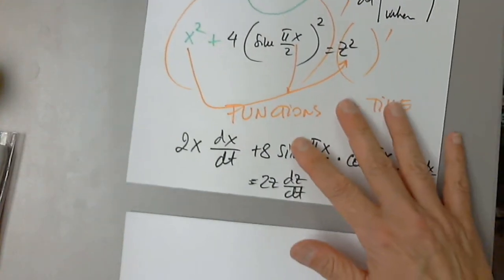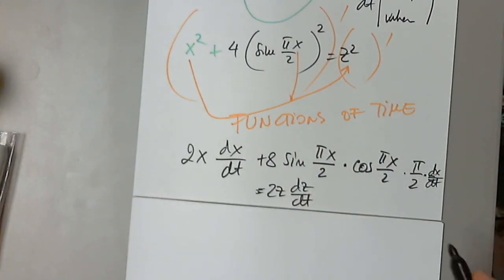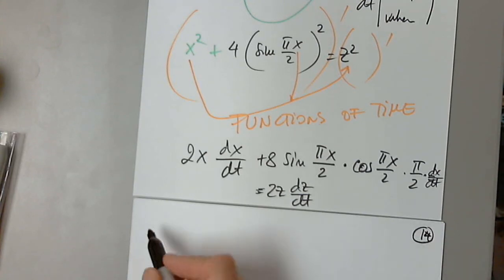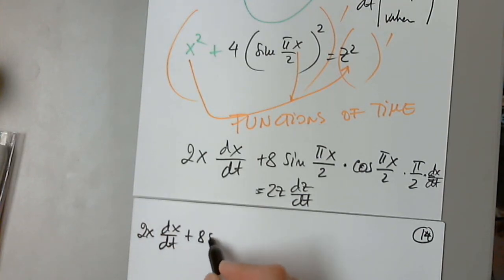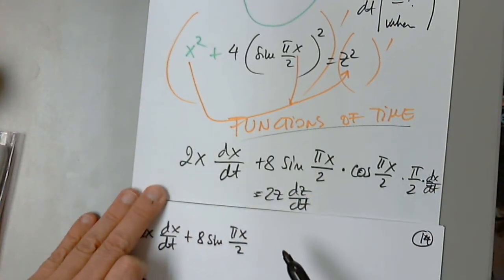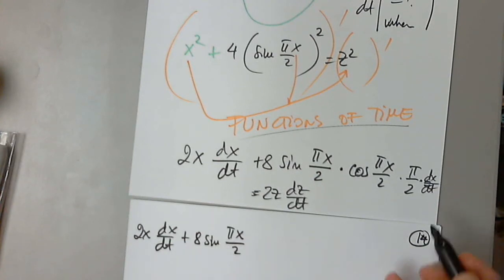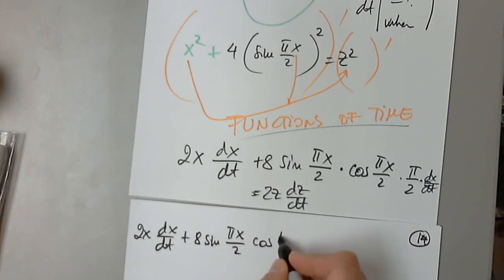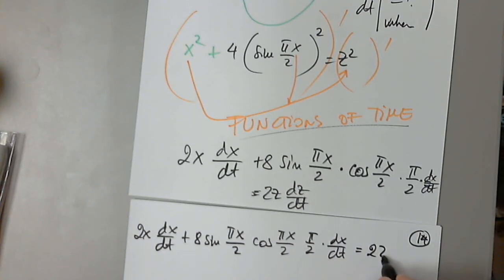Let me write this one more time because it may not be clear. 2x dx over dt plus 8 sine pi x over 2. That's why I wrote it here, for us not to forget. And I just forgot to put it in. Cos pi x over 2, pi over 2 times dx over dt equals 2z dz over dt.